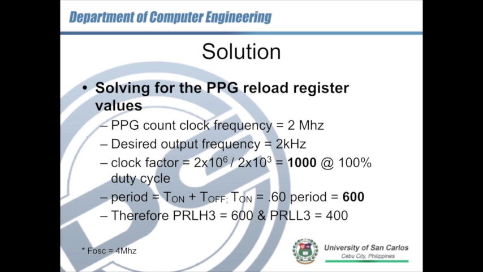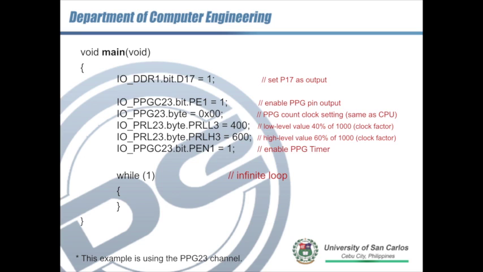So we have an output clock of 2 kilohertz at 60% duty cycle. This would vibrate the piezoelectric buzzer and basically create sound.